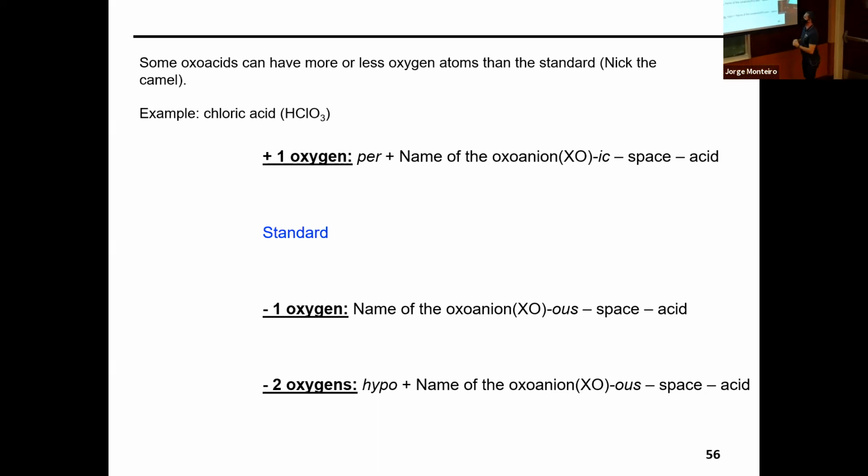The change in the nomenclature is going to be in the oxoanion name. So instead of using IC at the end, we are going to use OUS. So that's going to become chlorous acid. Here is where we changed.